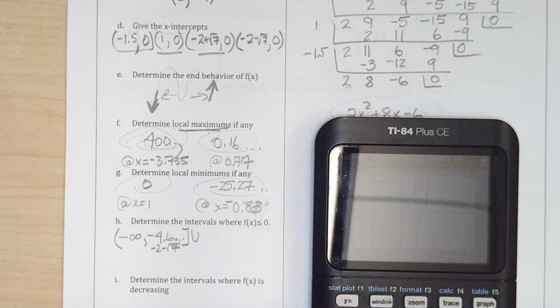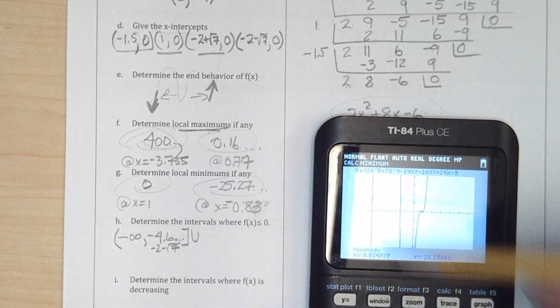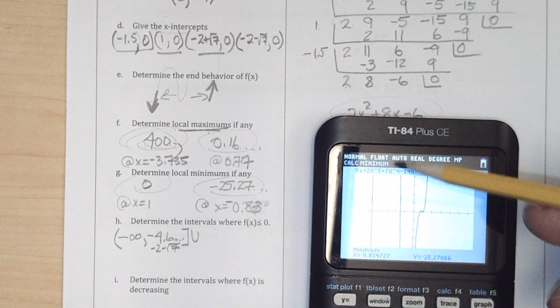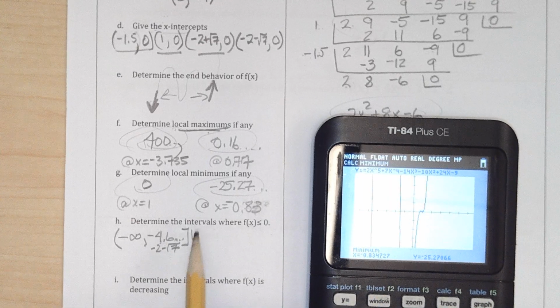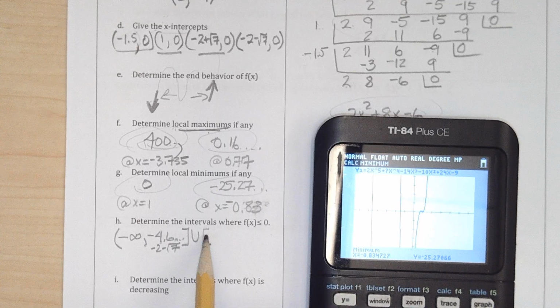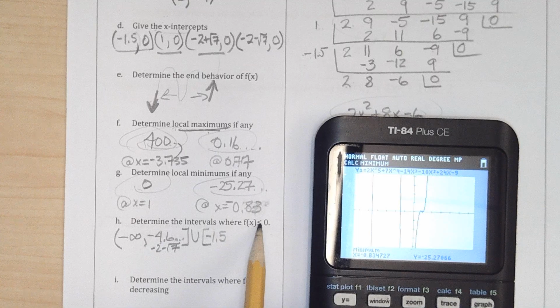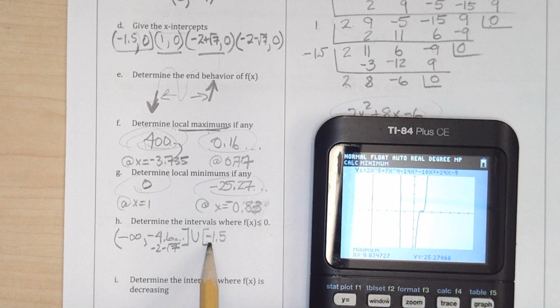Union, the next place it's negative. So it went positive, came back down, so it's negative from -1.5. It's 0 at -1.5, and it says keep it 0, so I don't use a parentheses.